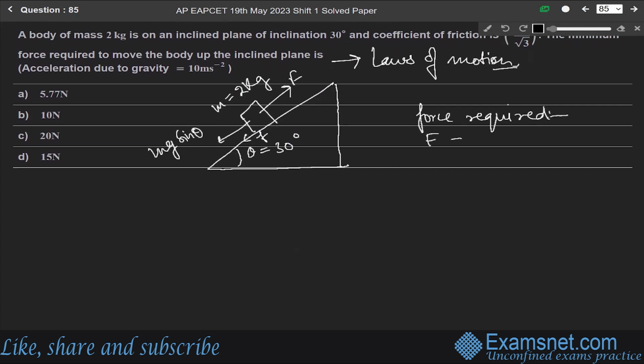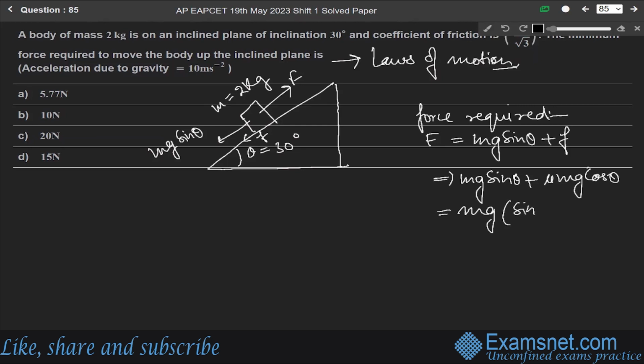So the minimum force required will be mg sine theta plus the frictional force, which is mu mg cos theta. So it will be equal to mg times (sine theta plus mu cos theta).